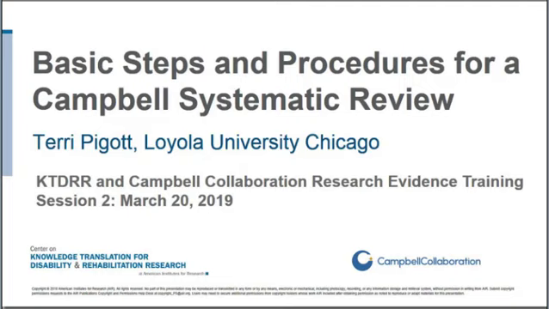Dr. Pigott explained the benefits of evidence from systematic reviews, identified different types of reviews, and discussed the differences between systematic reviews and research syntheses. In this second session, Basic Steps and Procedures for a Campbell Systematic Review, Dr. Pigott describes the steps in conducting a review that follows the standards of the Campbell Collaboration, including conducting the literature search, screening of studies, coding the studies, and a look at some of the options for data analysis and reporting.